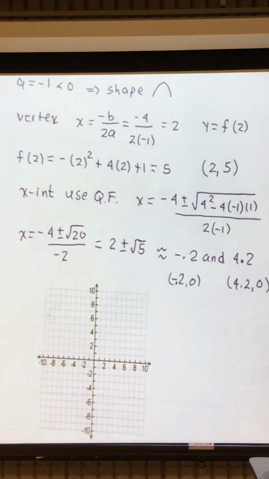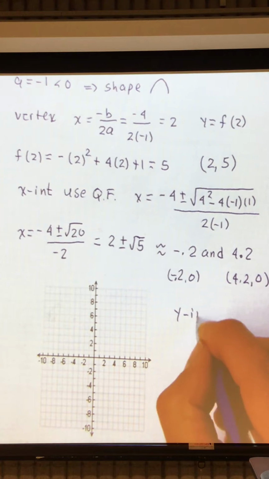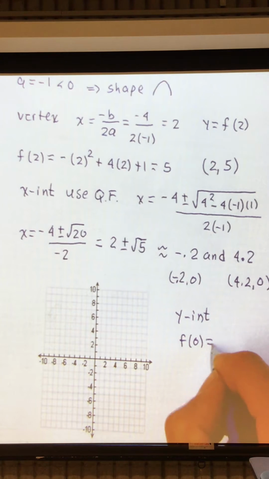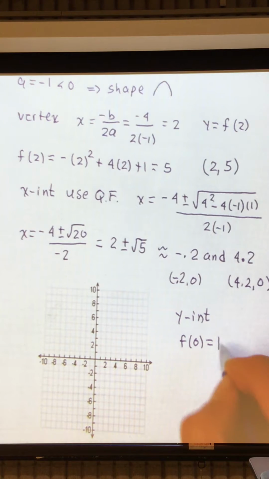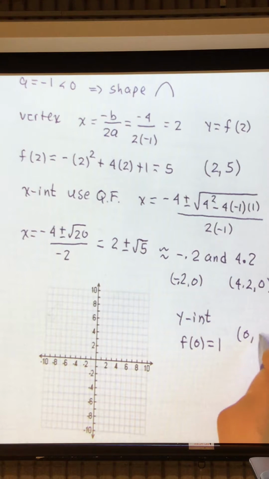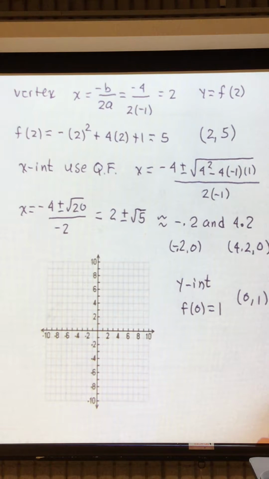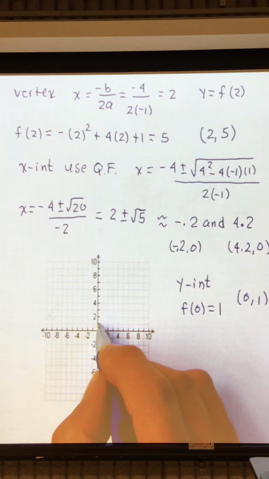And lastly, we can find the y-intercept here. Making x 0, compute the value of the function when x is equal to 0, and we get 1. So the y-intercept is 0, 1. Let's transfer this information down on the graph. The y-intercept is at 0, 1, right here.